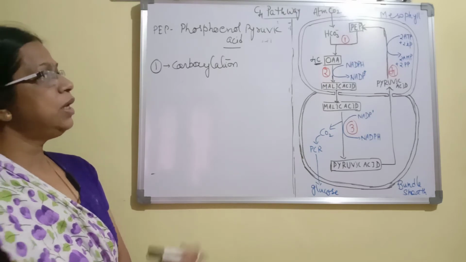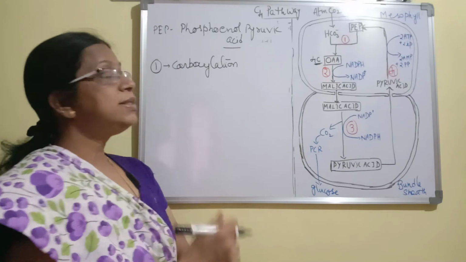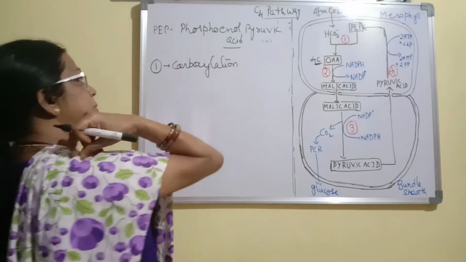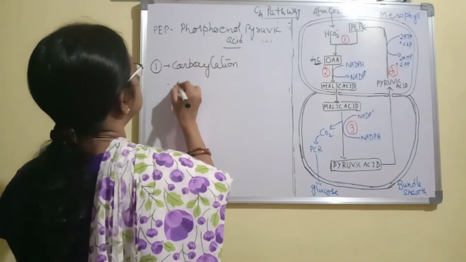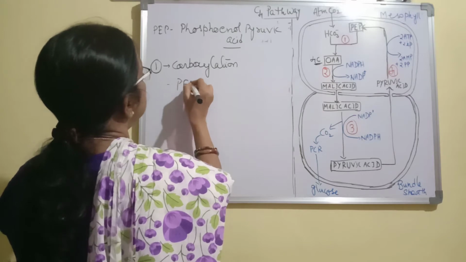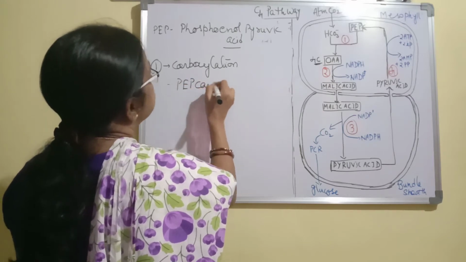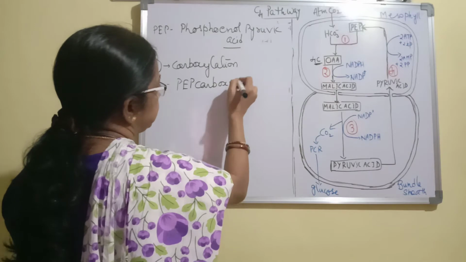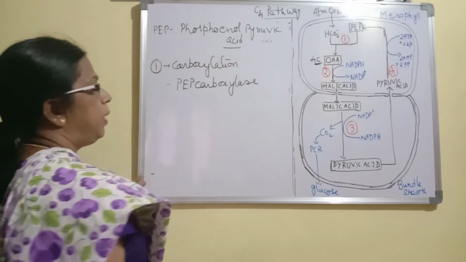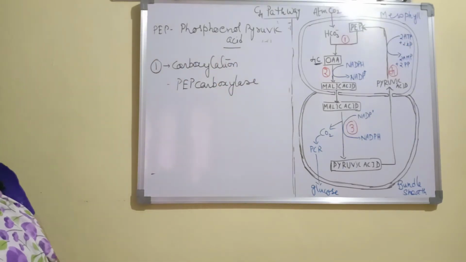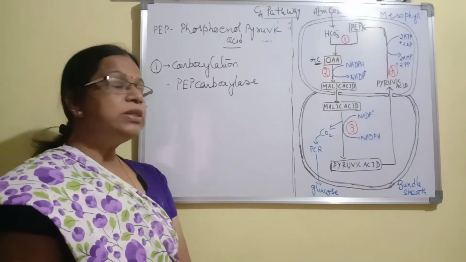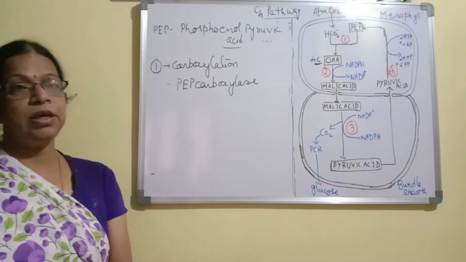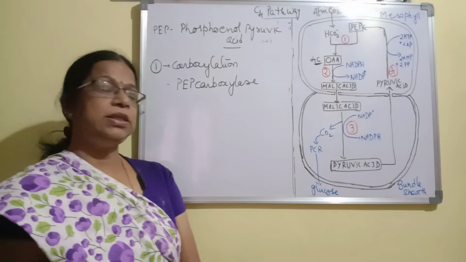This reaction takes place in the mesophyll cells. The enzyme is called phosphoenol pyruvic carboxylase. This enzyme catalyzes the first step, the carboxylation reaction taking place in mesophyll cells.